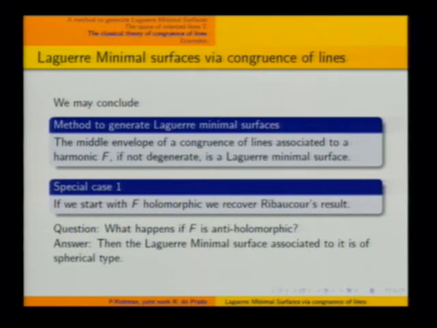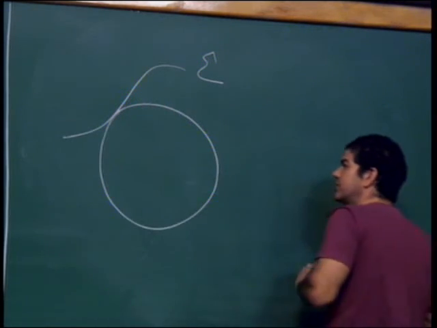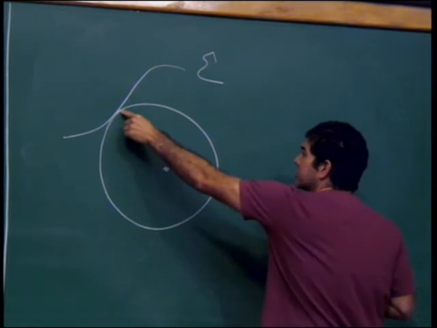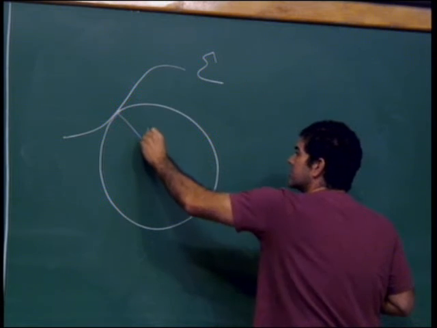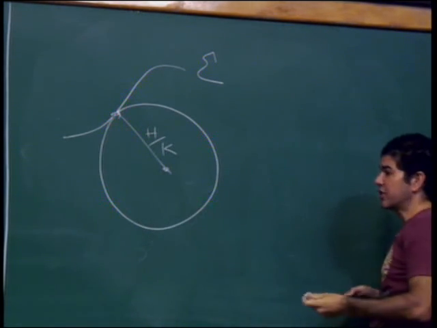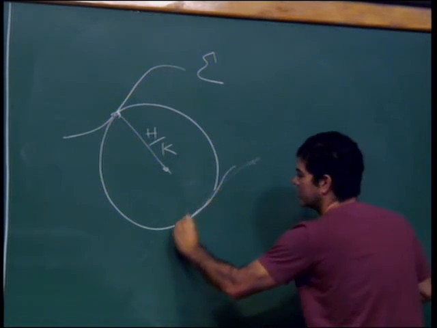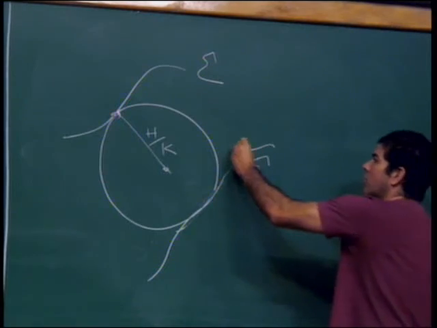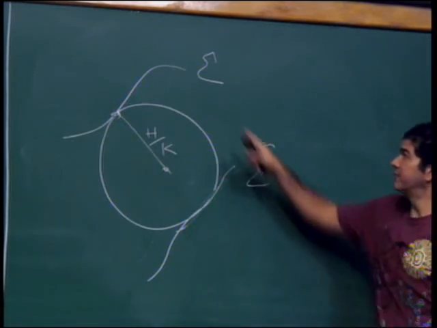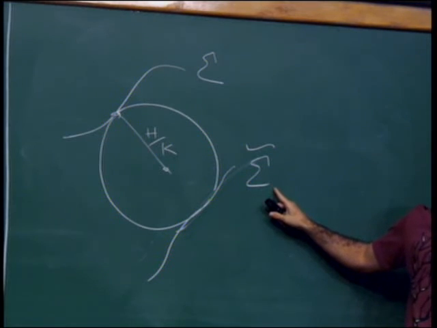When you have a Laguerre minimal surface, let's say sigma, you can consider a congruence of spheres tangent to sigma with radius h over k. In general, the other envelope of this congruence of spheres, if you start with a Laguerre minimal surface, is also Laguerre minimal.